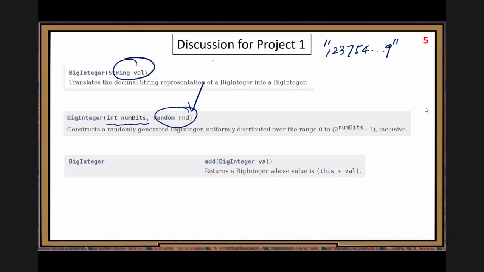We just call dot add on a BigInteger object. You can study a few examples, do a web search. It's pretty straightforward. You make a BigInteger object, then that object dot add another BigInteger object in parentheses, so that the values are added up.